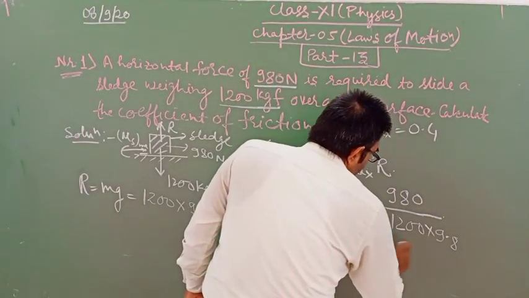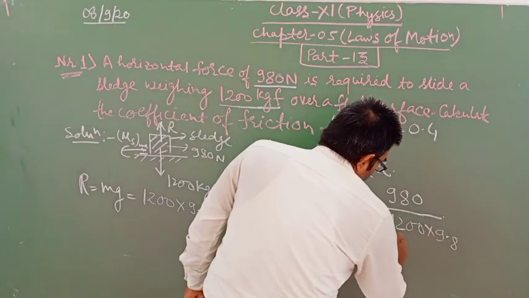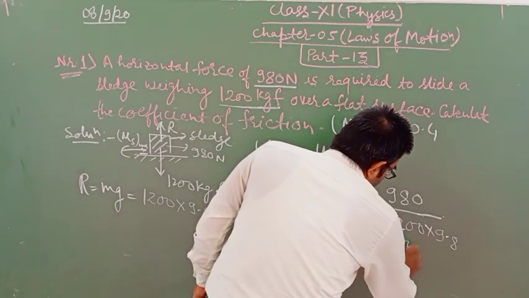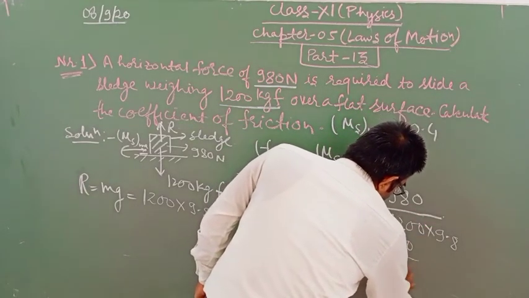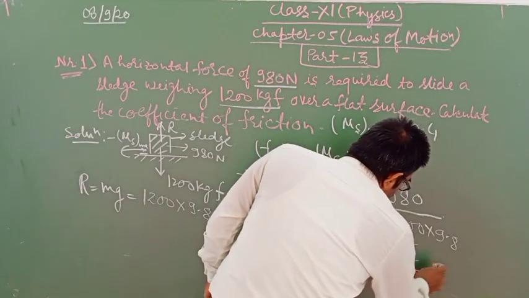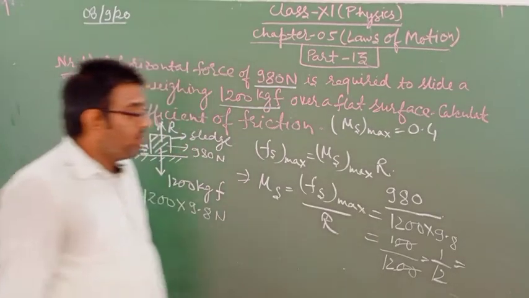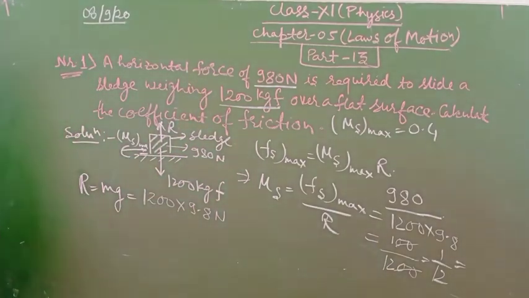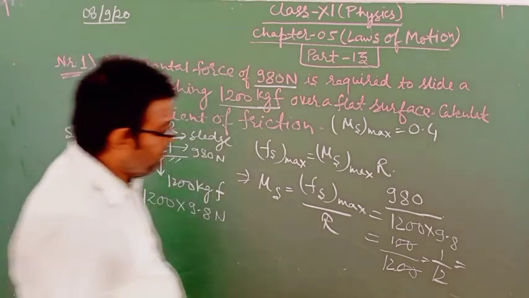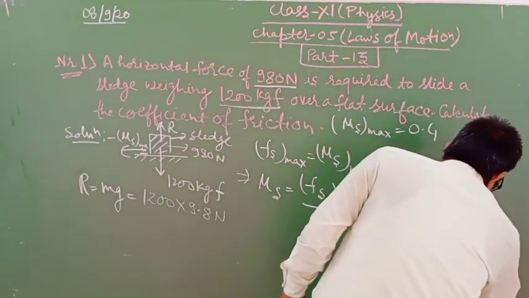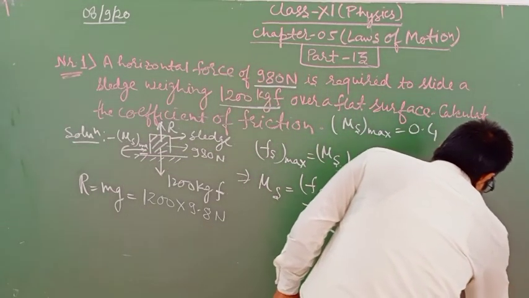It is 100 upon 1200, which cancels out and becomes 1 upon 12, and its value is 0.83.